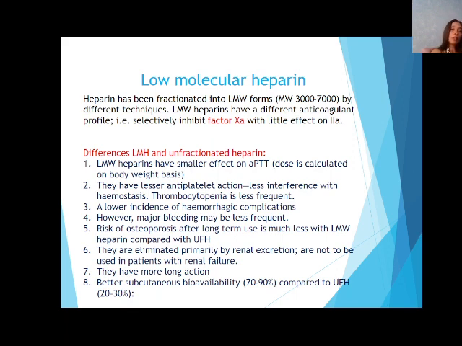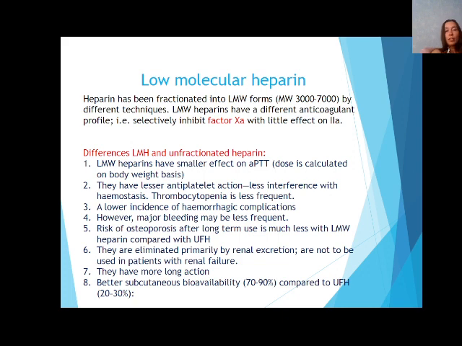Now low molecular heparin. Heparin has been fractionated by different techniques into low molecular forms, with molecular weight from 3 to 7,000. Low molecular weight heparins have a different anticoagulant profile and they selectively inhibit factor 10A with little effect on 2A. Differences between low molecular heparins and unfractionated heparin: low molecular heparins have a small effect on APTT, so dosing can be calculated on a body weight basis.